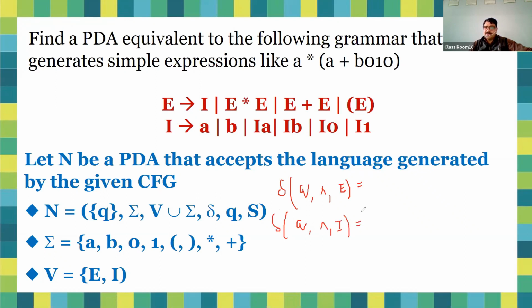In this case, you can see that E produces I, E asterisk E, E plus E, then open bracket E close bracket. So how can we write it?